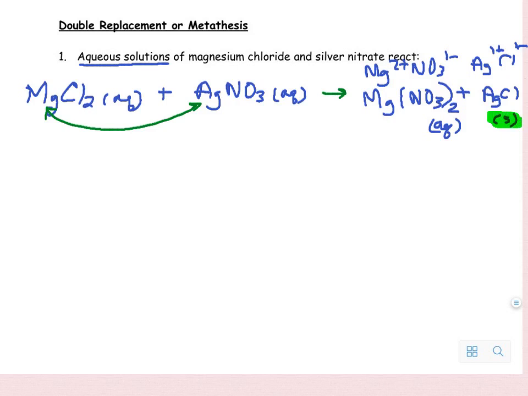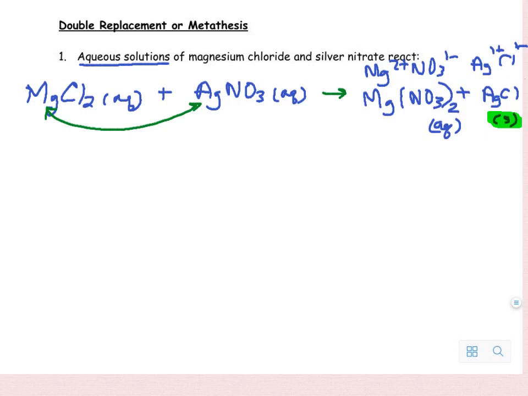You would basically be adding 2 beakers of nondescript liquids together, and you would see nothing happen. There would be no color change, there would be no precipitate, there would be no heat, there would be nothing. So you have to remember, if your products do not produce a precipitate, the reaction will not happen. If the reaction doesn't happen, then of course you would write simply no reaction, and you wouldn't balance it, because it couldn't actually happen.